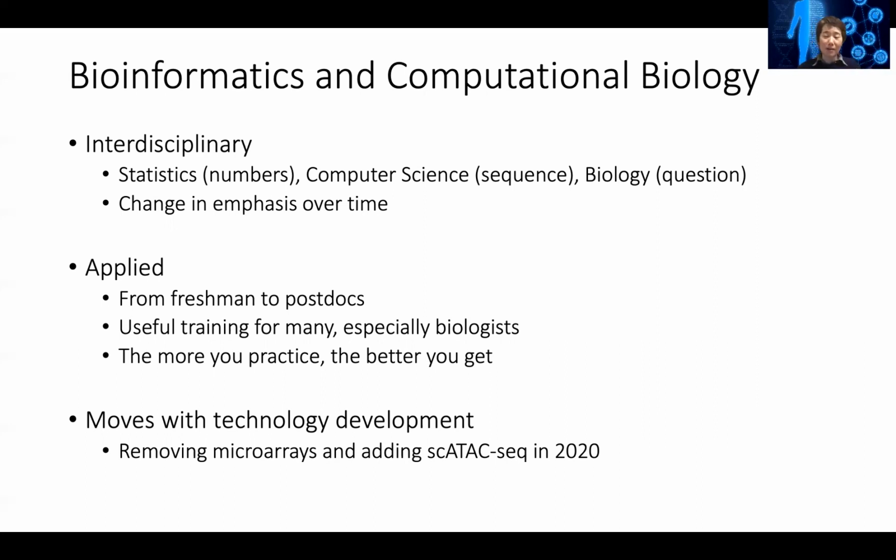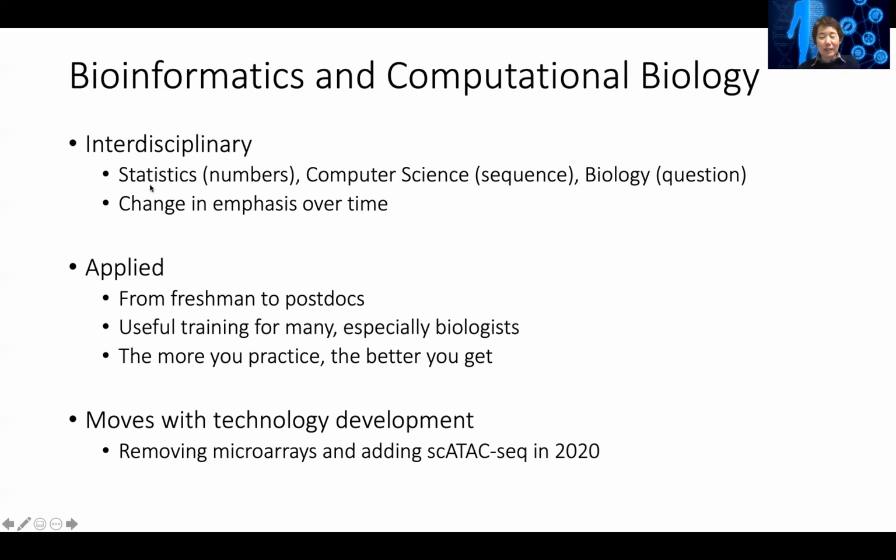Once you look at numbers, then the mathematicians or statisticians usually will play a bigger role. And they will develop normalization methods, how to robustly identify differential levels in the data.